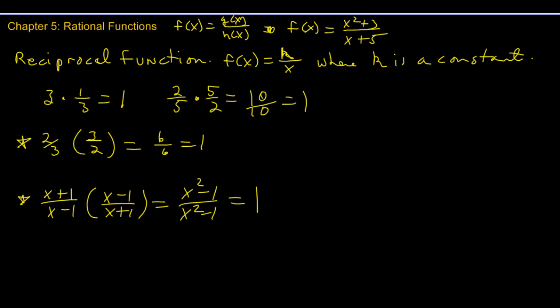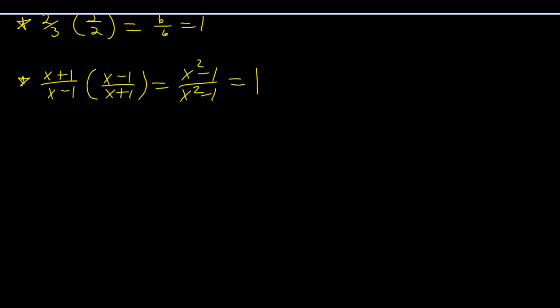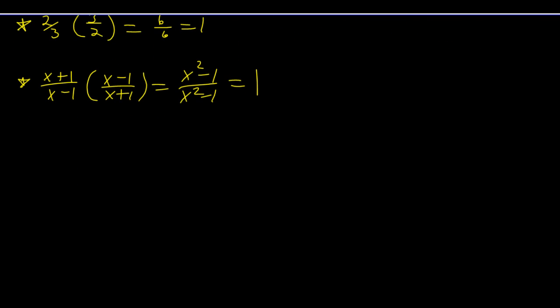So now let's go back to the reciprocal function. Remember, I said it is a function where f of x is equal to k over x, where k is simply a constant. So what I would like for you to do is to punch in your graphing calculator the following functions: y1 equal to 1 over x, y2 equal to 2 over x, y3 equal to 3 over x, and y4 equal to 4 over x.